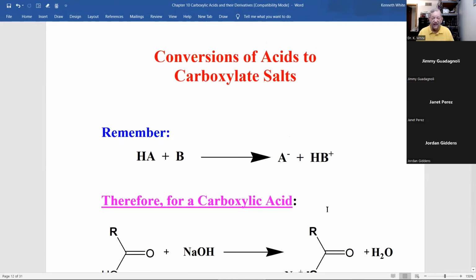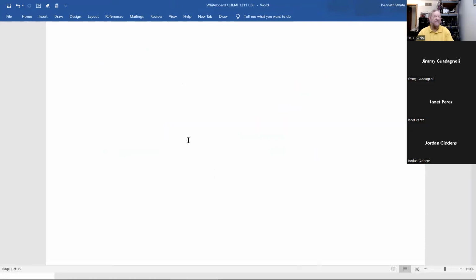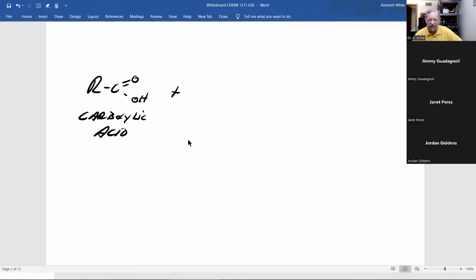Now, since carboxylic acids are acids, when you react them with a base, you'll get a salt. Now, here I have the sodium hydroxide. Let me show you a better way. You take any carboxylic acid and react it with a base.